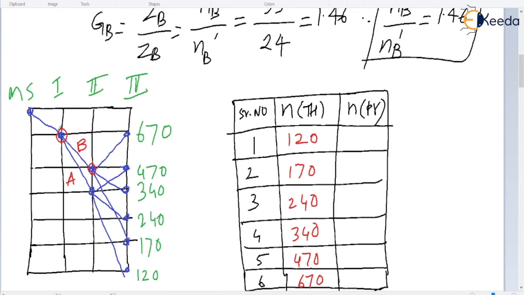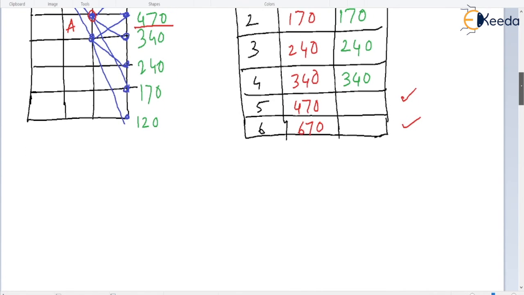So there will be deviation for 670 rpm and 470 rpm, and we have to write down the deviation values for these. The other values are completely similar, so we write 120 rpm, 170 rpm, 240 rpm, 340 rpm, and keep these two blank, 470 and 670. To get those two values we will calculate as follows.